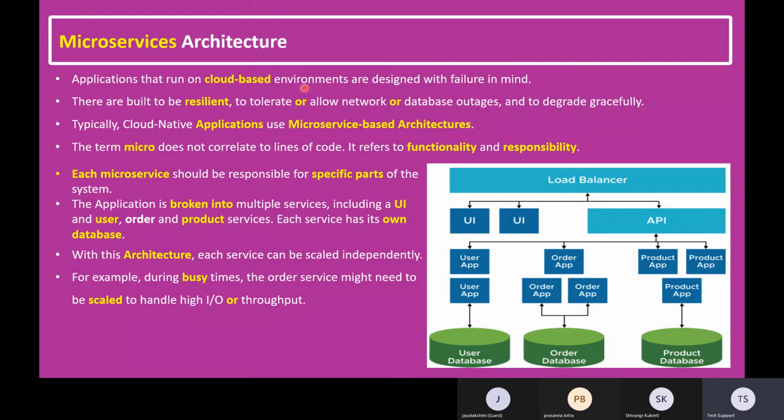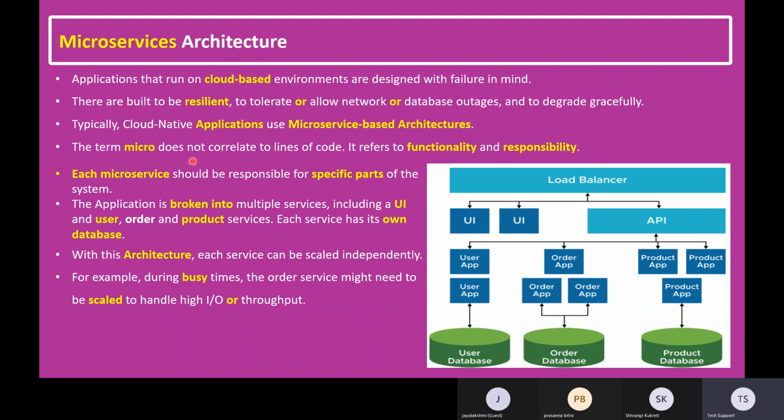Applications run on cloud-based environments and are designed with failure in mind. And you can run this microservice on any of the clouds. They are built to be resilient. Resilient means strong, and to tolerate network and database outages and to degrade gracefully. In any scenario, it will run smoothly. And typically, cloud native applications use microservice-based architectures only.